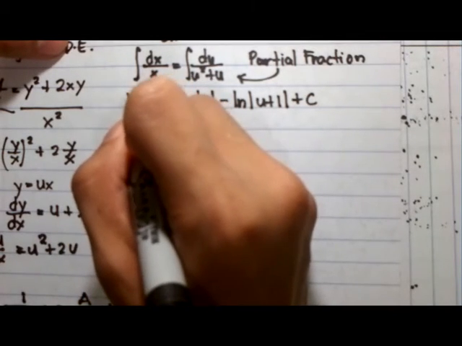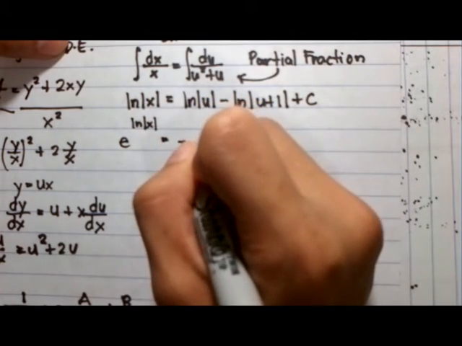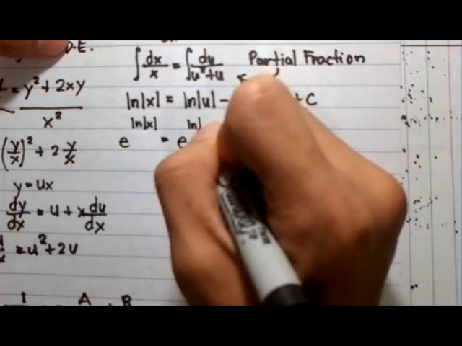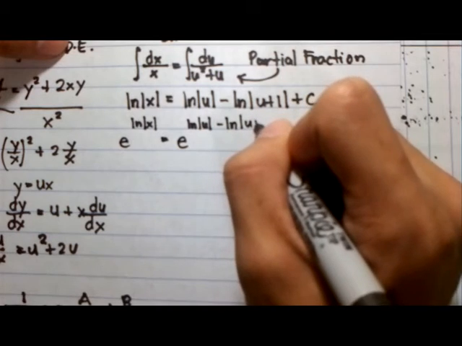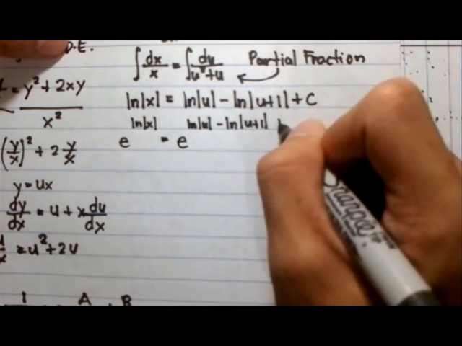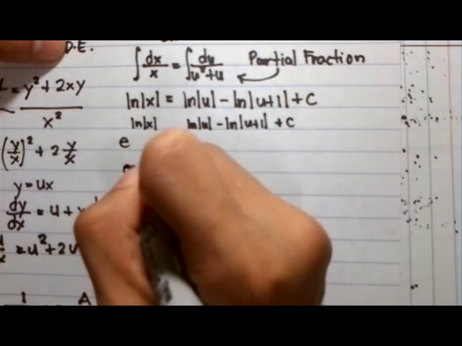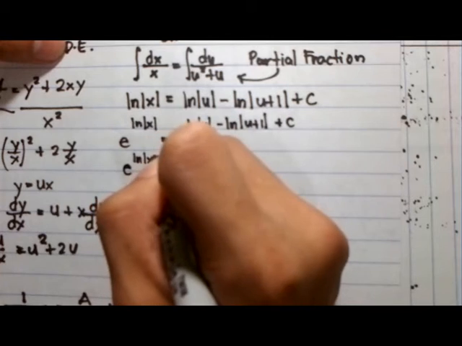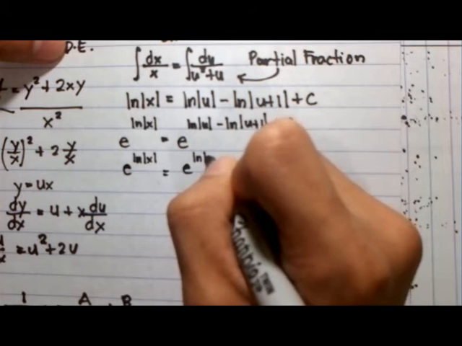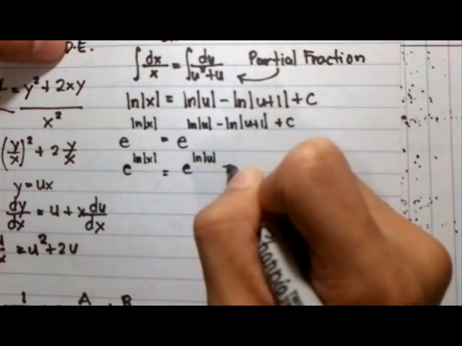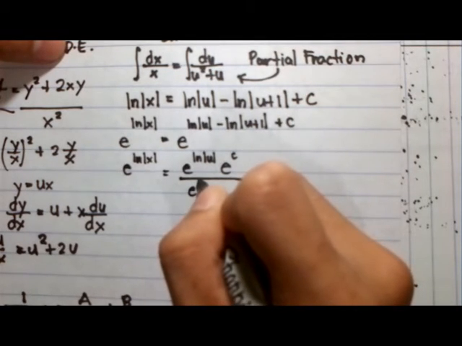And now we will extract the x and the u's out from the natural logarithm. And this is equal to e to the ln of x equals e to the ln of u times e to the c over e to the ln of (u plus 1).